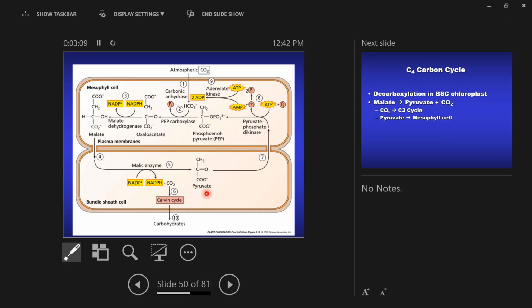Yes, a fraction of it does occur back in the mesophyll. So most of it occurs in the bundle sheath. But the part of the Calvin cycle that requires ATP and NADPH, the reduction phase, they actually stick that back into the mesophyll. Because in order to get ATP and NADPH, you need to run the light reactions. And the bundle sheath is like, no light reactions. I don't want them here. That will generate oxygen.